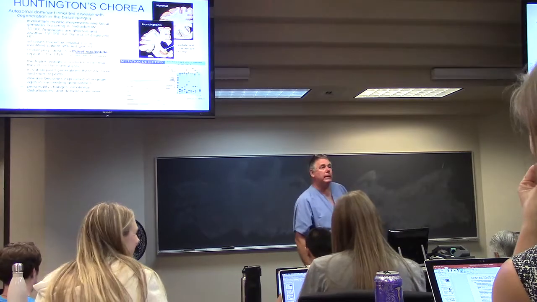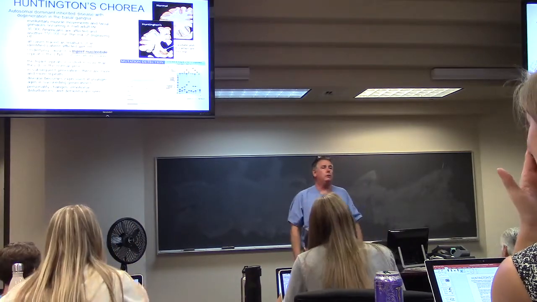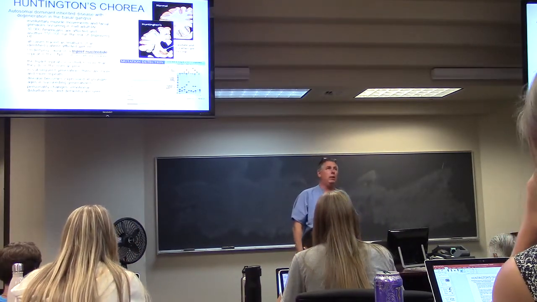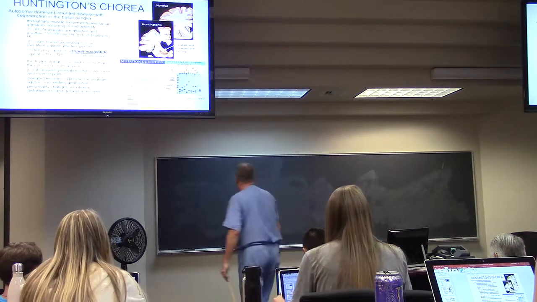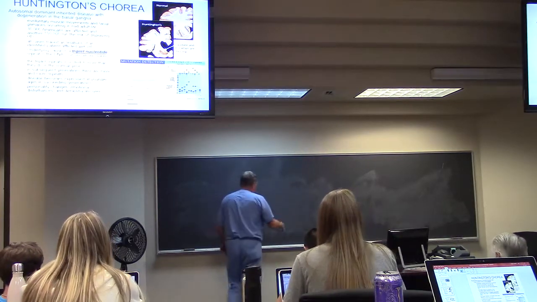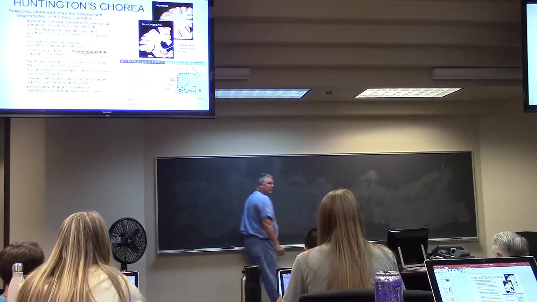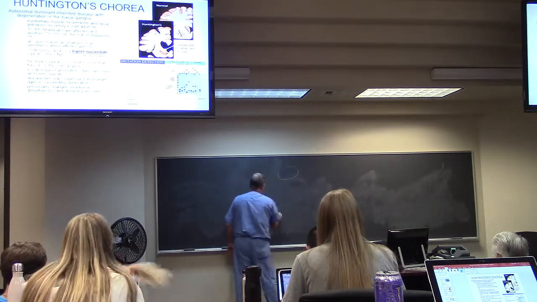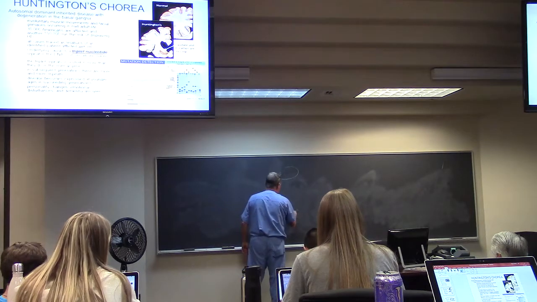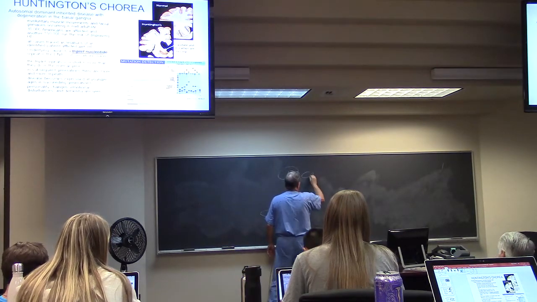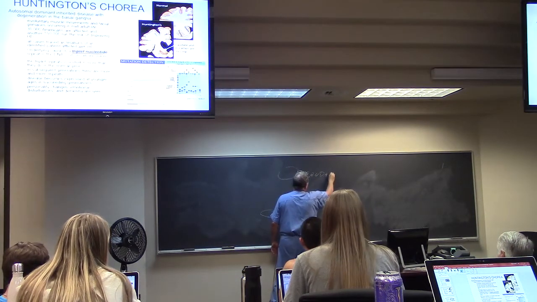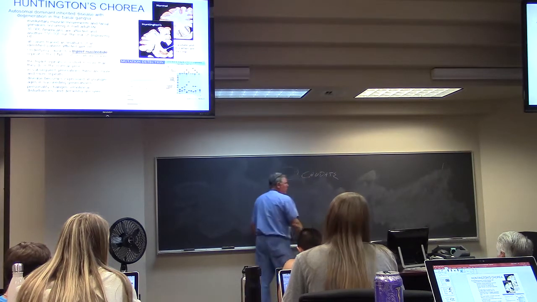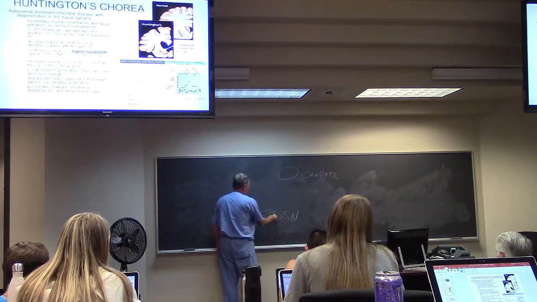Huntington's chorea is, as it says here, an autosomal dominant disorder. So when you're talking about movement, I talked about basal ganglia yesterday. You've got a couple of areas here, and I'll go over this more when we do deep brain structures.